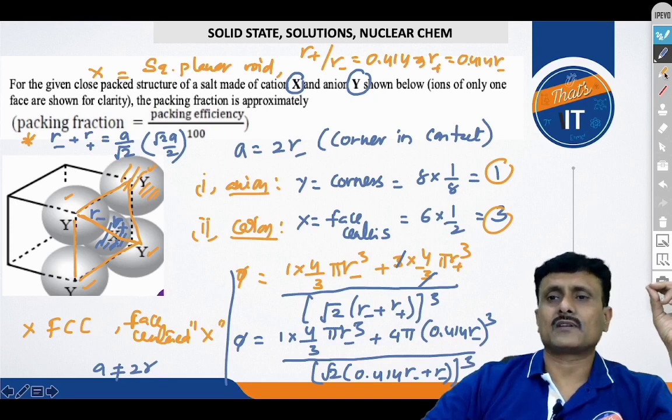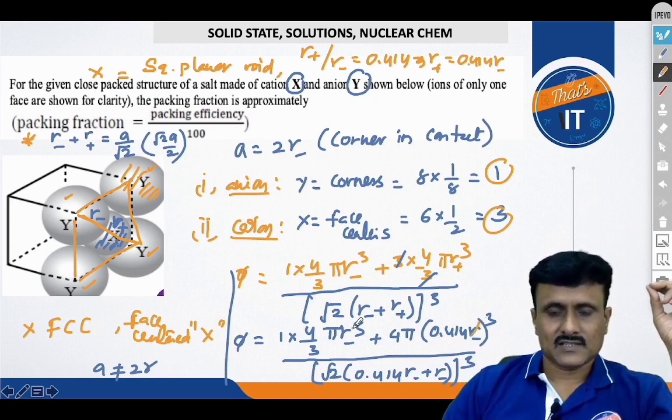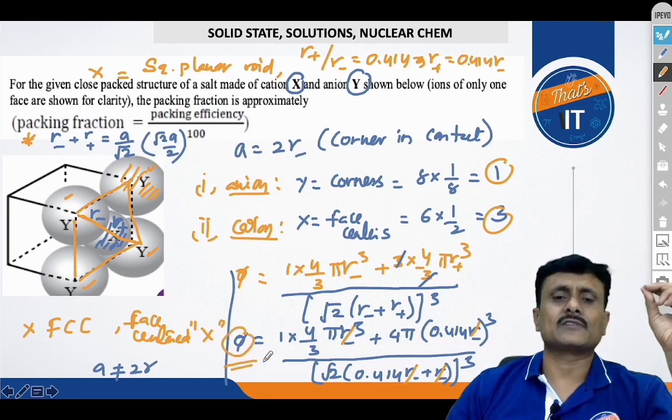You can see that your R minus is being taken common in all and it gets cancelled and you will get a standard value for the packing fraction.